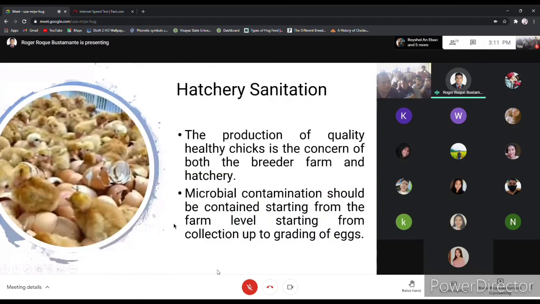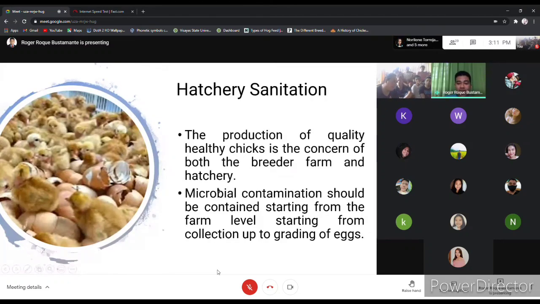So, hatchery sanitation is very important. It is self-explanatory: it involves the implementation of good sanitation and hygiene and strict biosecurity measures. It is very important to guard your farm, especially the hatchery, because eggs are so sensitive.